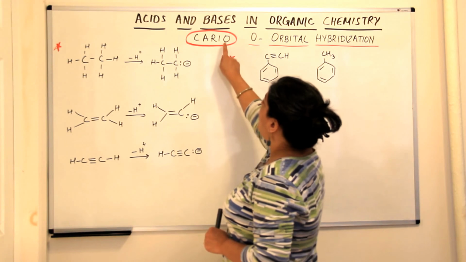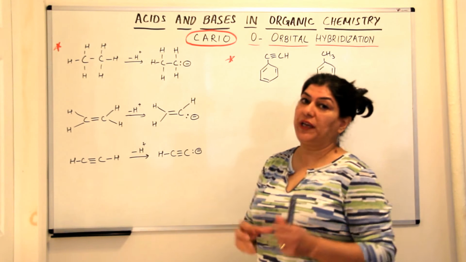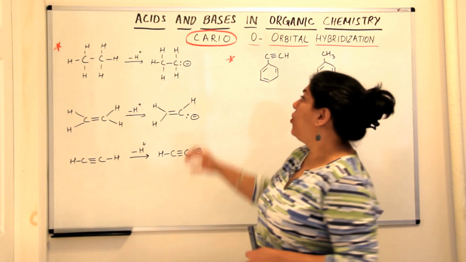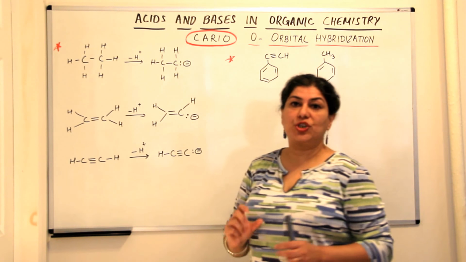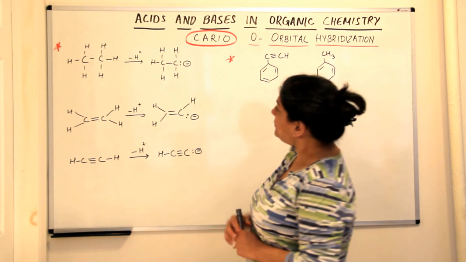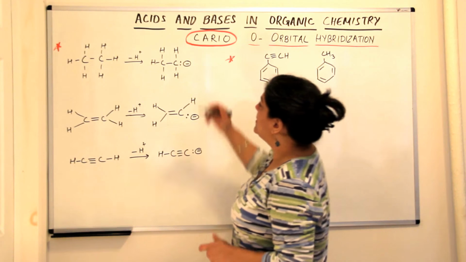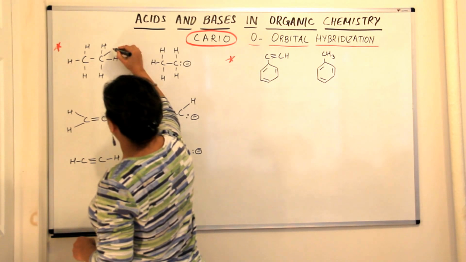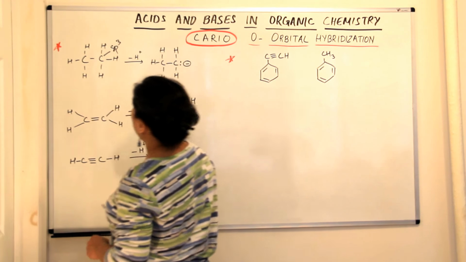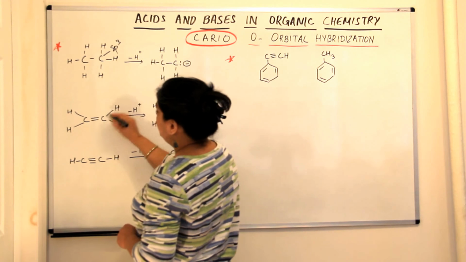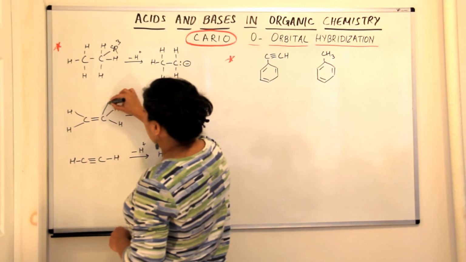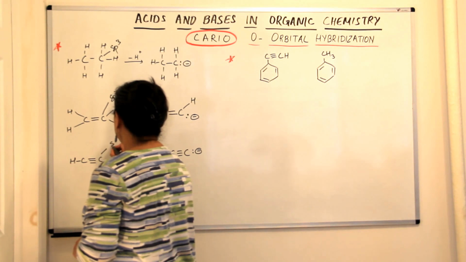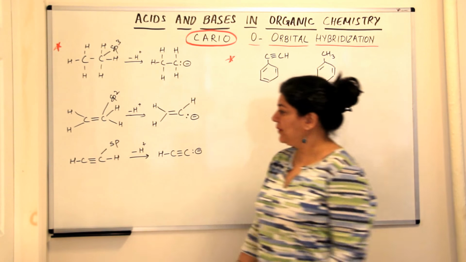So we now come to the last part of the mnemonic CARIO, that is orbital. What's the difference between the orbitals of these 3 carbons which have deprotonated? This carbon is sp3 hybridized, or you could say this also, the structure becomes clearer here. This carbon is triangular planar and it is sp2 hybridized, while this carbon has sp hybridization, right?